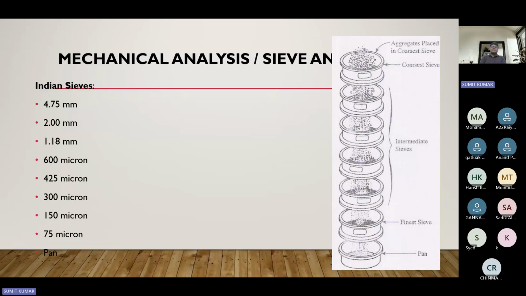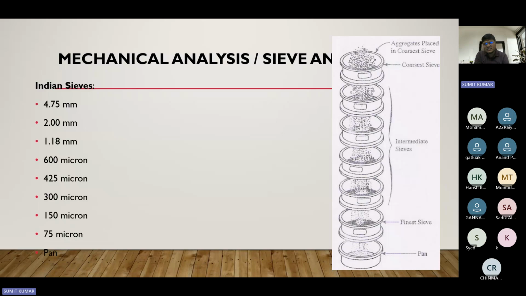Okay, so as I have said earlier, there are different soil characteristics. We have discussed different things, but how do we classify whether it is a gravel, sand, silt or clay? For that, we have to see what size of particle is there.